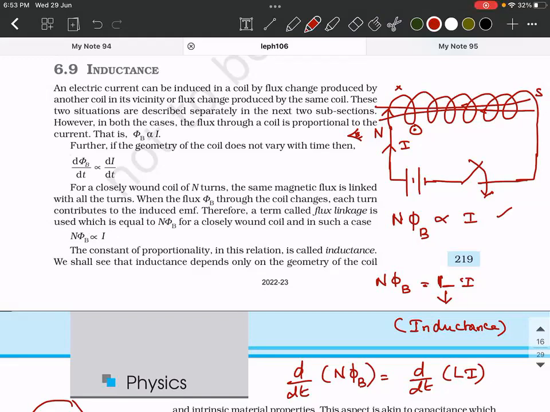But I'm thinking that north and south pole are the induced poles. They are not induced poles. They are the naturally occurring poles because of its own current. There is an induced EMF which will try to oppose the cause. That has a special name called back EMF. I've never spoken about it.